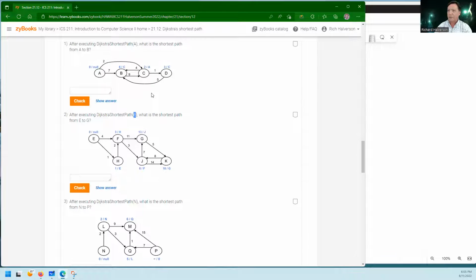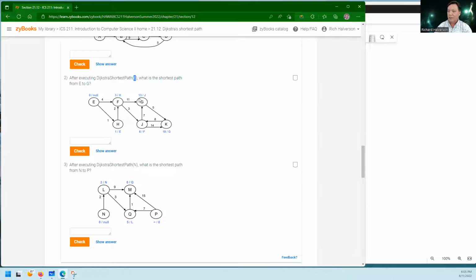It's a weight of 13 back to E. And which way do we go? Well, first we go to J, and that's down here. And then we go to F, that's over here. And then we go to H, which is down here. And then we go to E.